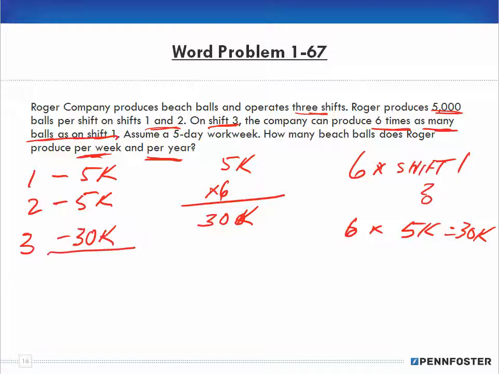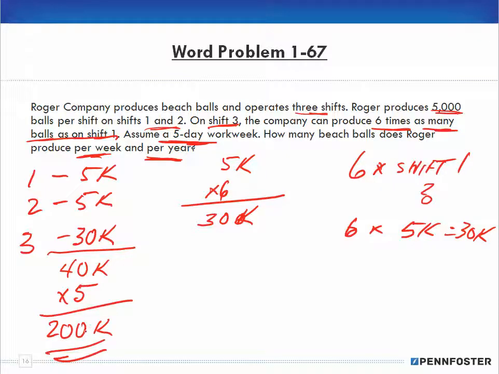So per day, the total of all 3 shifts is 40,000. That's per day. And it says a 5-day work week. So we want to know how many they produce in a week. If we have 5 days, we multiply that by 5 days, and that means they produce 200,000 for the week.